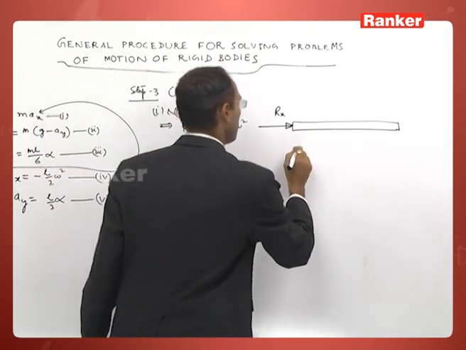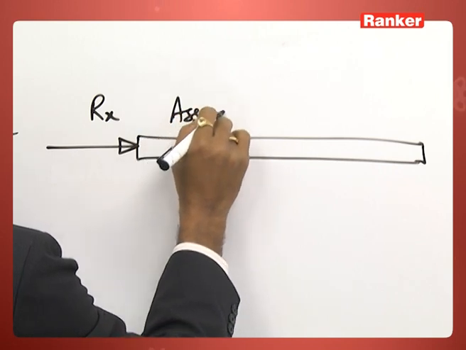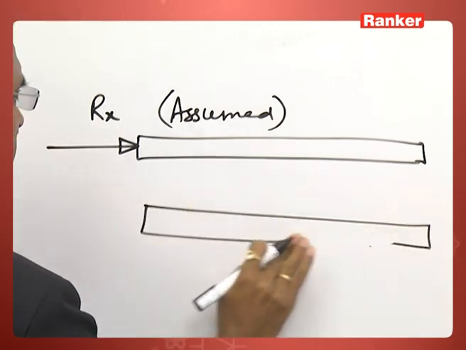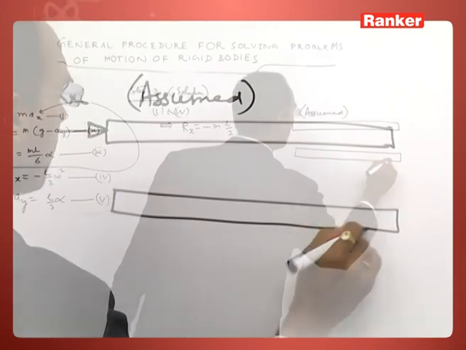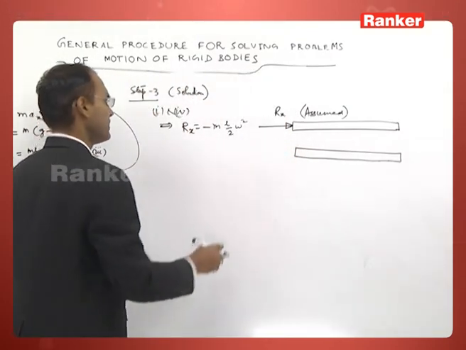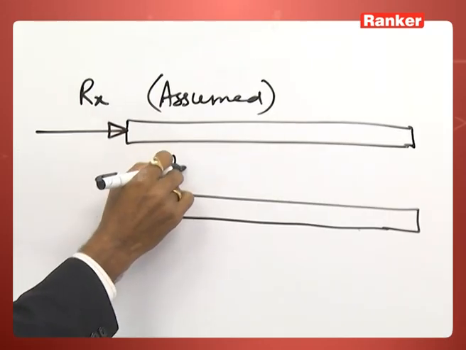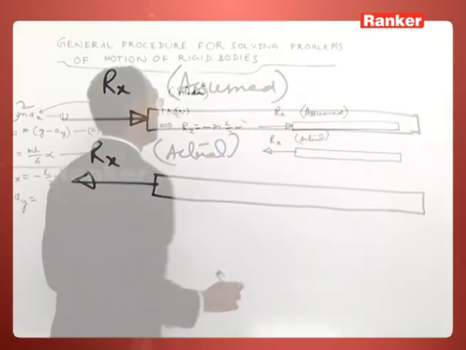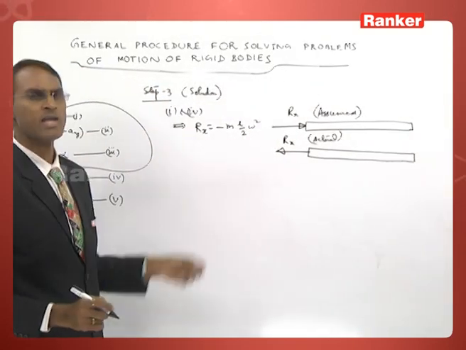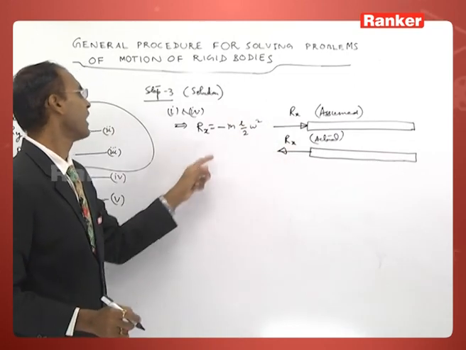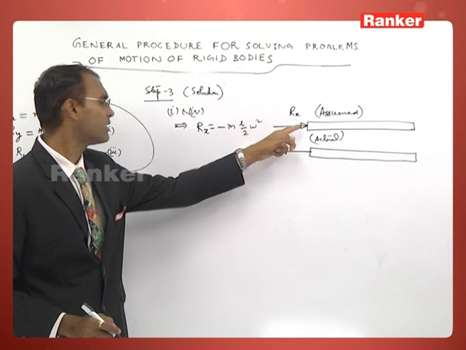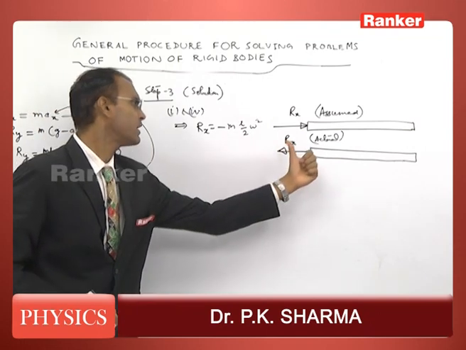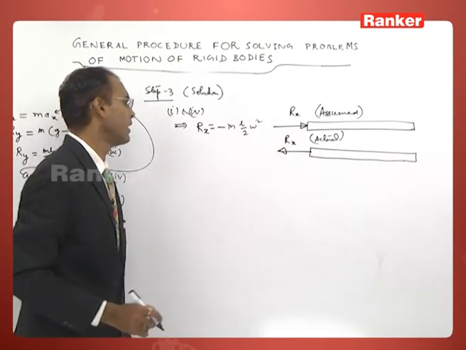Therefore, this is the assumed diagram and this is the actual diagram. Actually, the direction of Rx is towards the negative x direction. We have assumed it in this direction and we got a negative answer. Therefore, we have to alter the assumed direction of Rx, and by altering it we get the leftward direction.